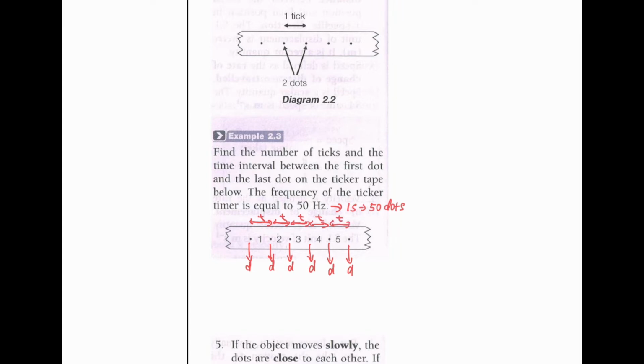Okay, so the first part of the question, they say find the number of ticks. So 5 ticks. Number of ticks is 5. The time interval between the first dot and the last dot.